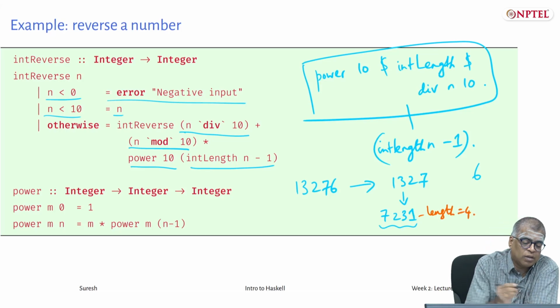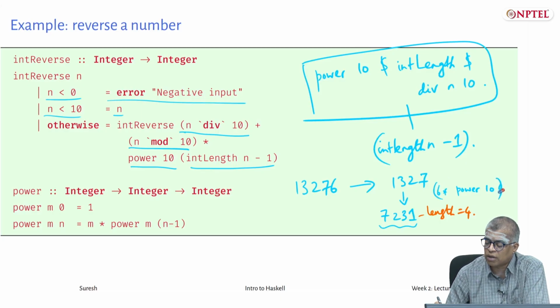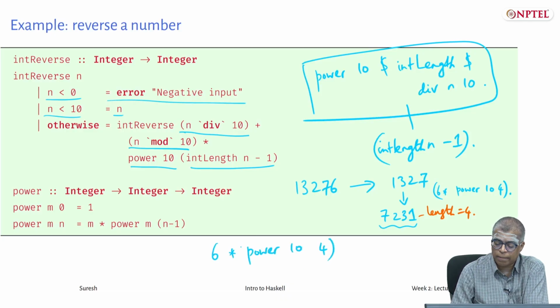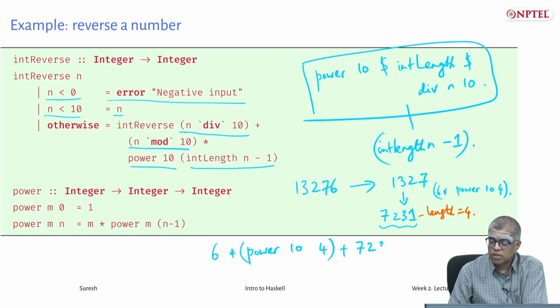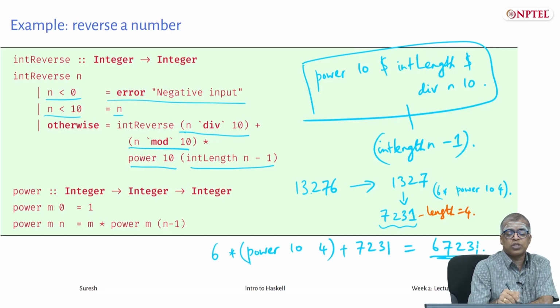So you raise 10 to the power 4 and you multiply 6 by that. You get 60,000 and you add 60,000 to 7231. So 6 times power 10 4 plus 7231 equals 67231, which is the reverse of 13276. Okay, that's what this program is doing.